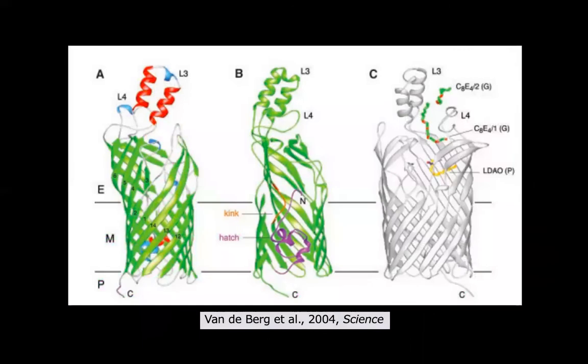So this is a crystallized structure of a FadL. You have your loop 3 and your loop 4, and then you have your N-terminus hatch right here and your kinks. These are the amino acids that we were looking for in our alignments. And then you see the fatty acids and how they come in.